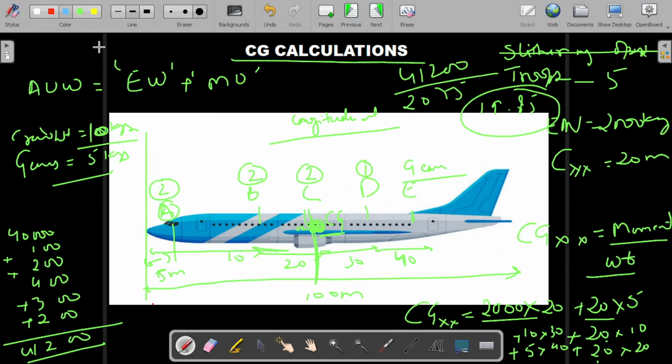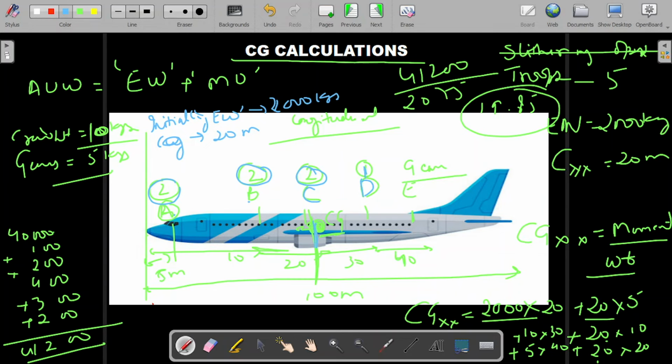I'll take another color. So initially with empty weight as 2000 kgs, the CG was at 20 meter, but when we have 2 pilots sitting here, 2 crew sitting here, another 2 at Charlie, which will not affect any weight because it is sitting on the CG.